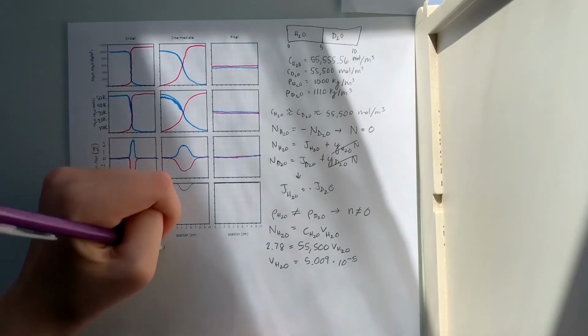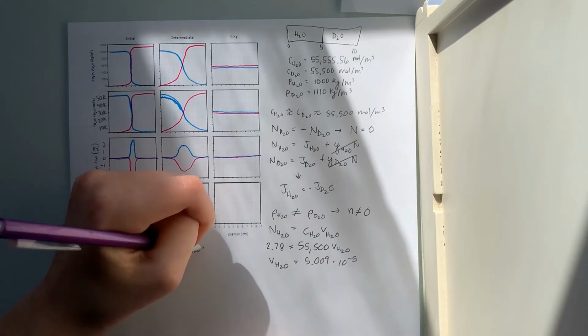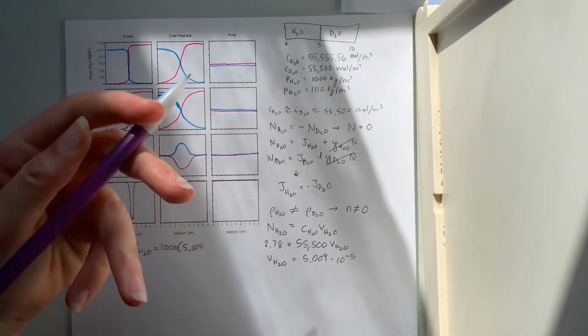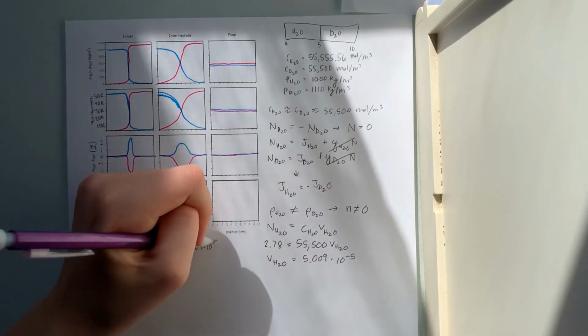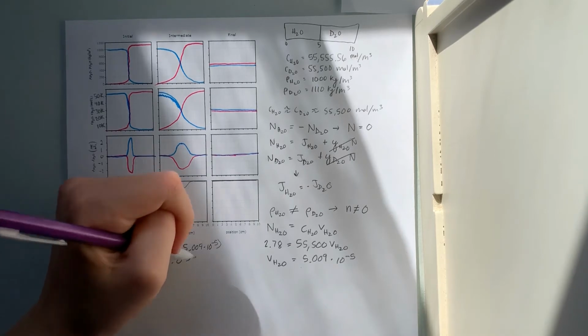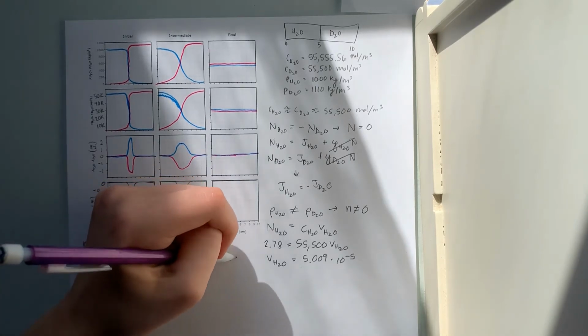So the mass concentration of water times the velocity of water equals 0.05 kilograms per square meter per second.